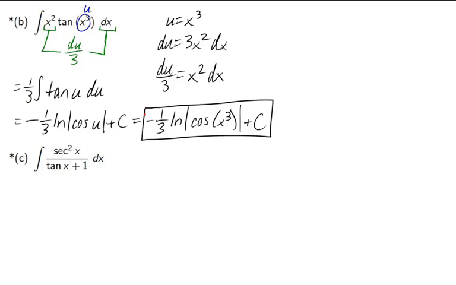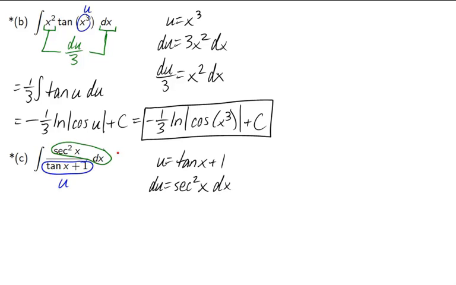Next one. Let's let u equal the whole denominator, because this time that seems to be the best choice. We'll let it be tangent x plus 1, so that du is secant squared x dx. Nice. Because my u is in the denominator, my du is right here in the numerator.